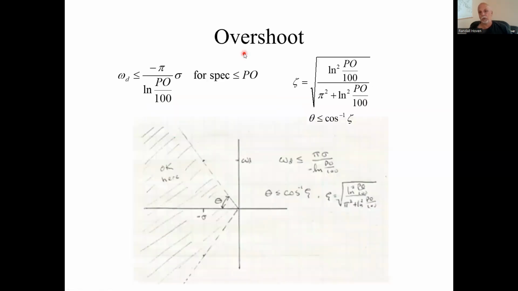What about the overshoot spec? Well, here's something from the formula sheet. It gives us a relationship between omega sub d, the damping frequency, and the sigma, which translates into these lines. All I need is the slope, omega d over sigma, right?